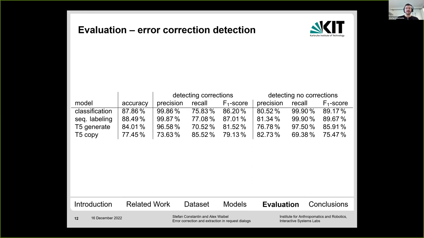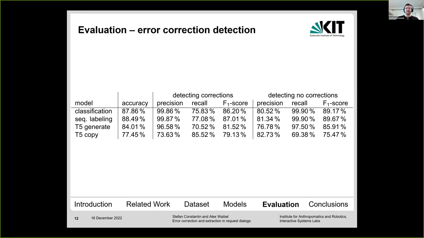Detecting no corrections has, with 99.9%, a high recall, and detecting corrections has, with 99.87%, a high precision. This is a good property, because it is better not detecting a correction than correcting something which is already correct.